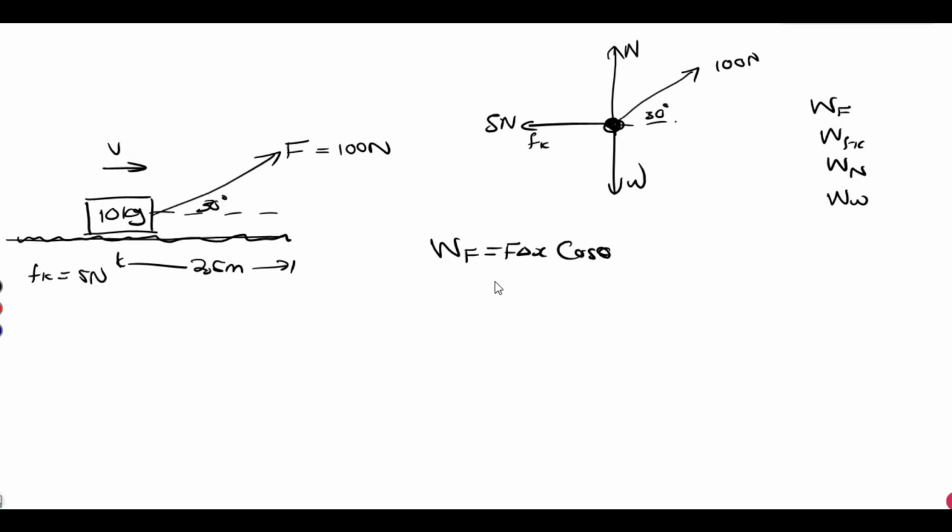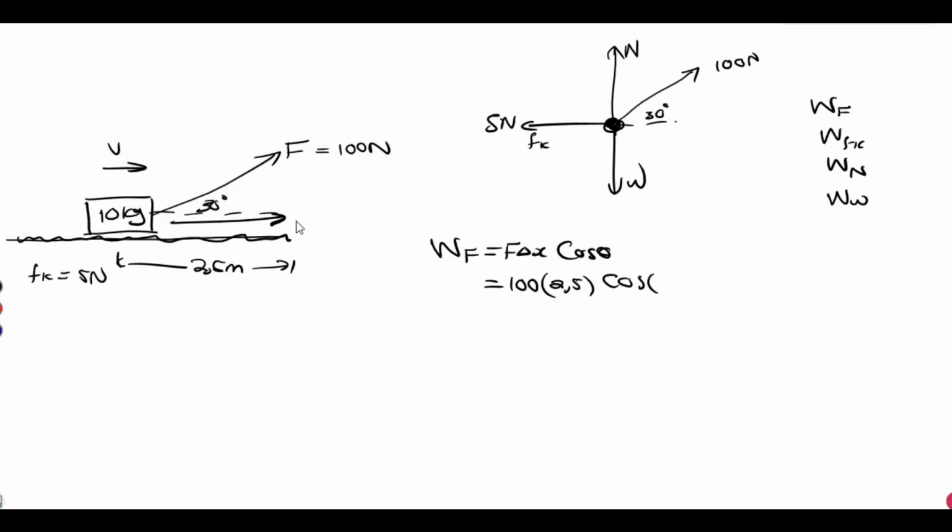Okay, so what's the force there? The applied force is 100 newtons. What's the change in displacement? The change in displacement is 2.5 meters. And then cosine of, sometimes it's easier to use the angle. You can see that the displacement is towards that direction and the force is 30 degrees with respect to the horizontal.